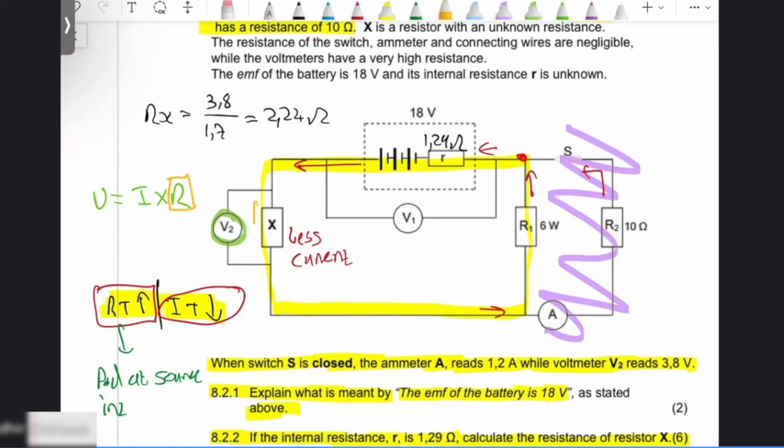Remember that this resistor is not changing. But now our current is decreasing. So if the current is decreasing and the resistance is constant, then obviously our voltage value there is going to be decreasing. So V2's reading is going to decrease.